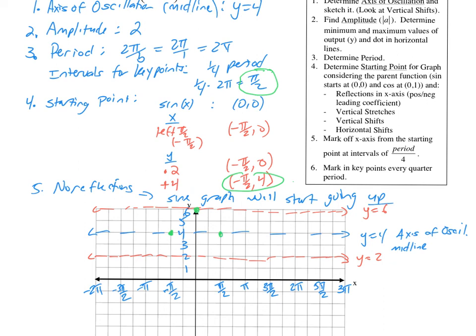The next point will be a minimum, so that would be at pi, 2. Then 3 pi over 2 is back at the midline, so at 4. 2 pi is back at the maximum, 2 pi, 6. And we can continue on with this pattern. And then once we do that, we can connect these points with a nice smooth curve, and we will have graphed our sine function.